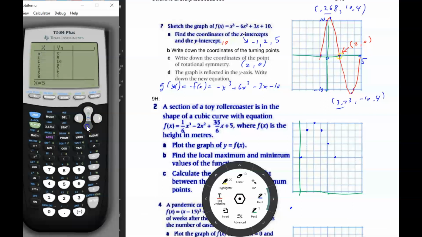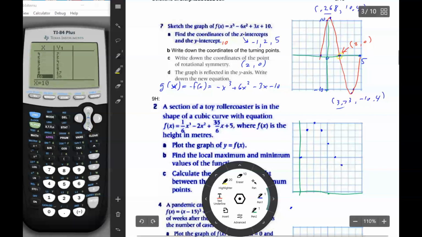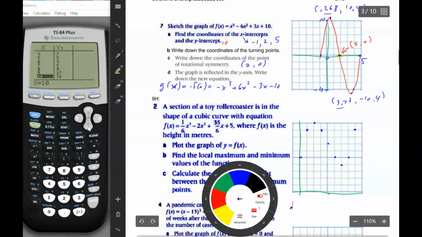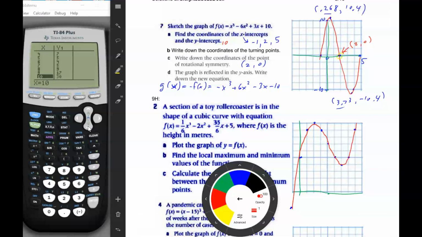What else? 6 comma 4. 7 comma 5. 8 comma 9, 9 comma 17, and 10 comma 30. Okay, so that is my function graphed.